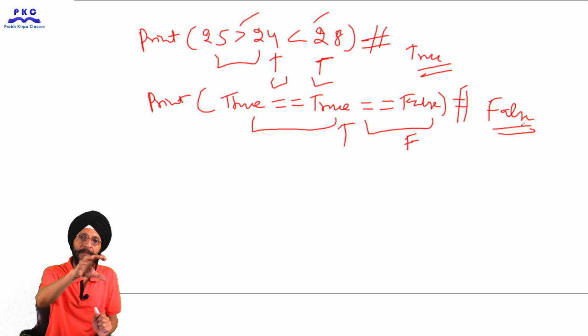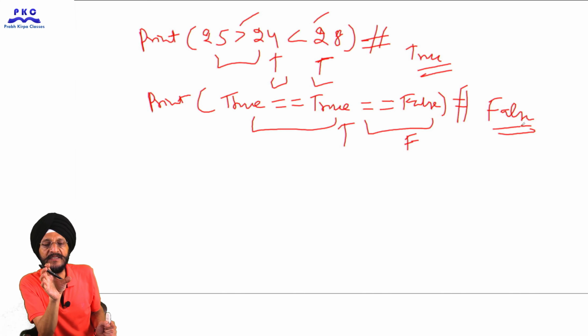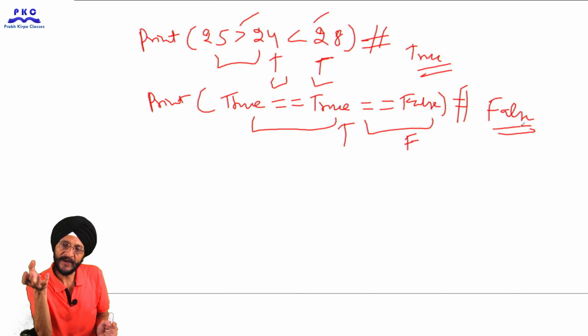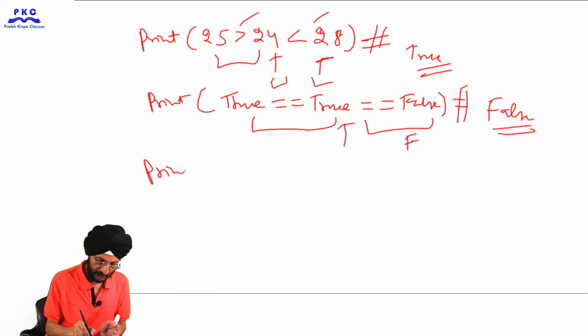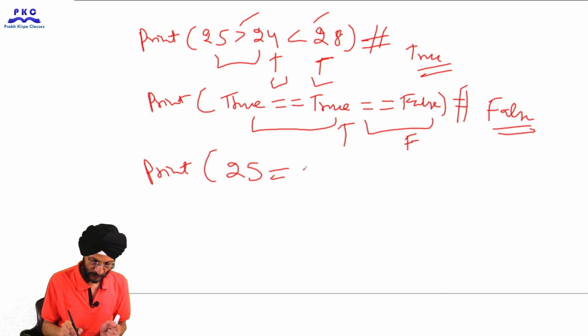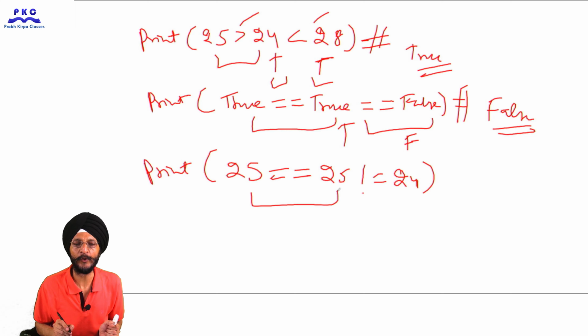In case of chained comparison, all the comparisons have to be true for the final result to be true. If we write print 25 equals 25 is not equal to 24. What is the first comparison? 25 equal 25.